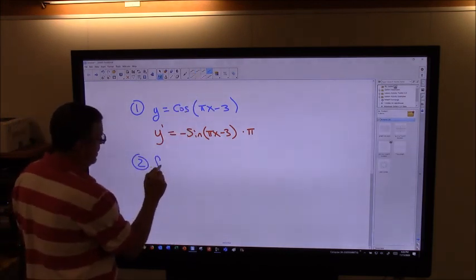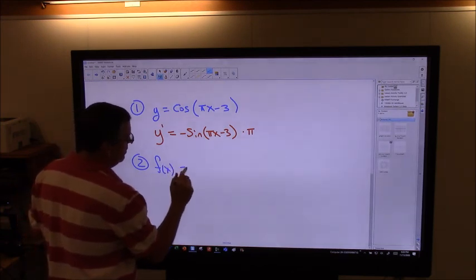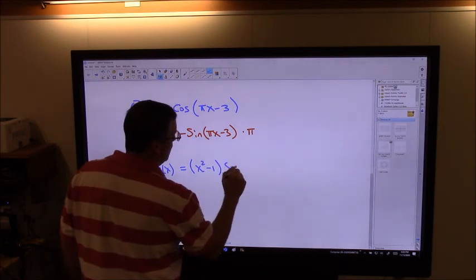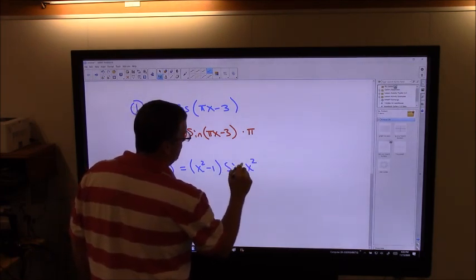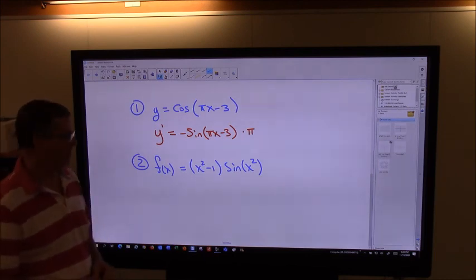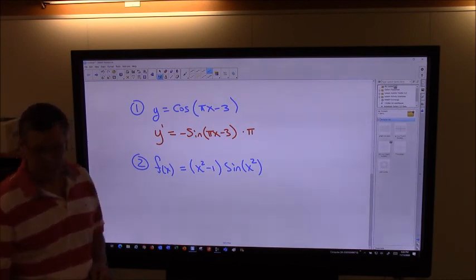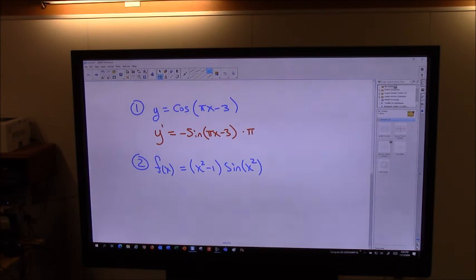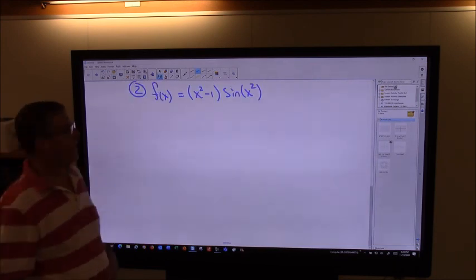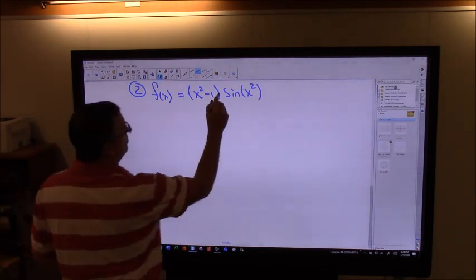All right, let's try another one. This time I've got f of x equals x squared minus 1 times the sine of x squared. You guys see if you can find that derivative. So when I look at this, what I see is a product rule.